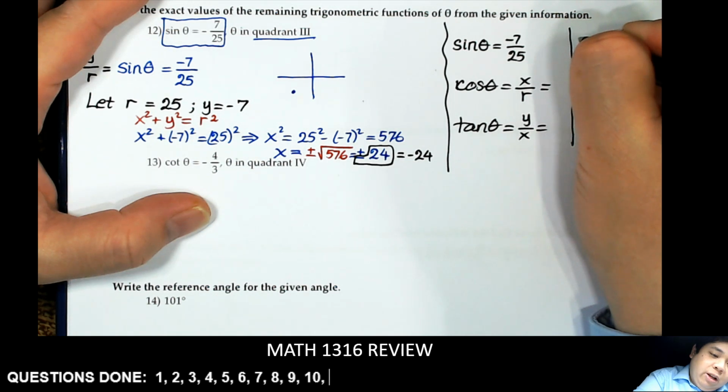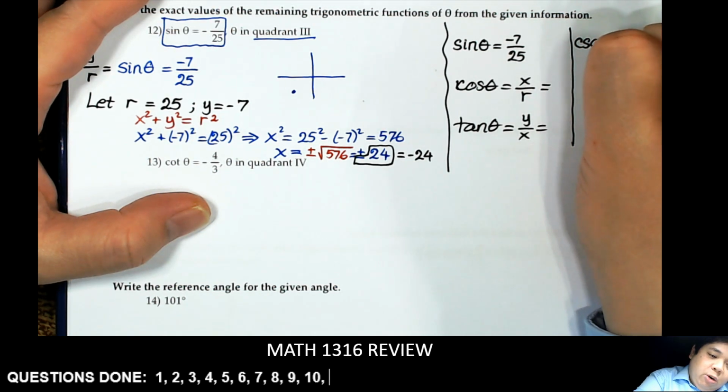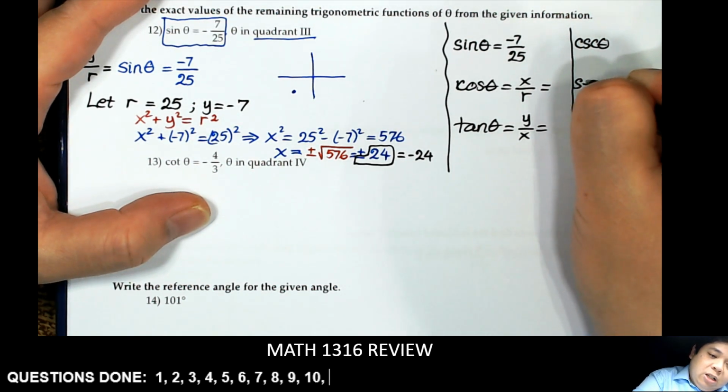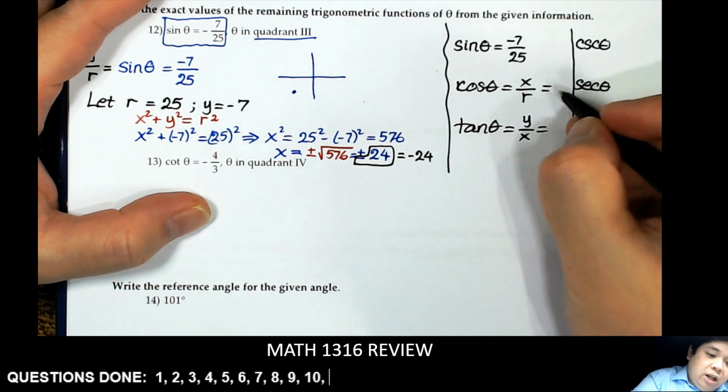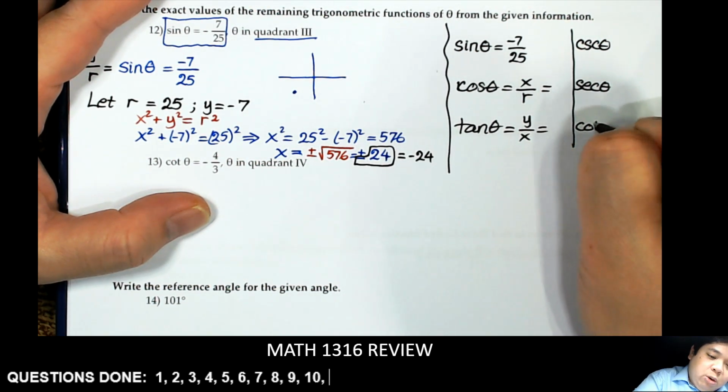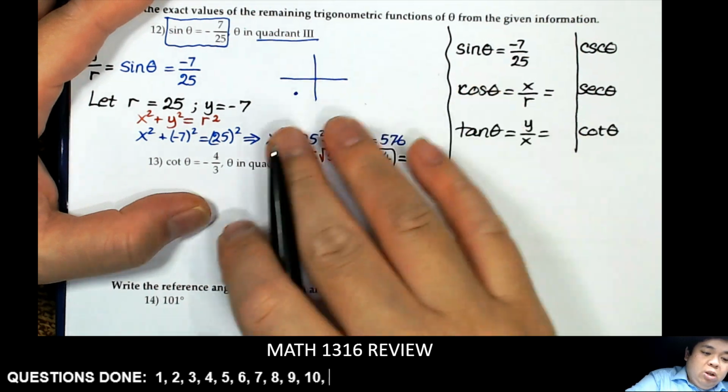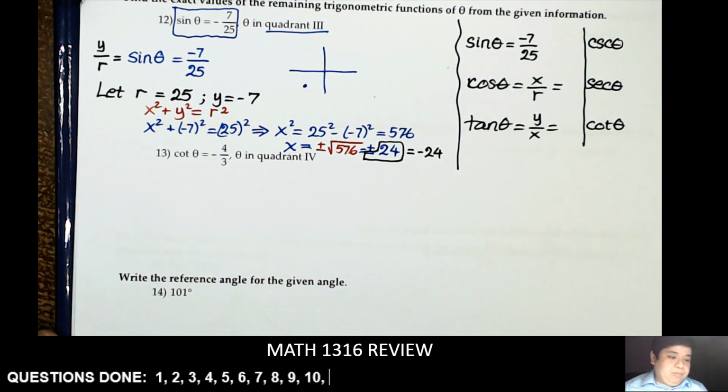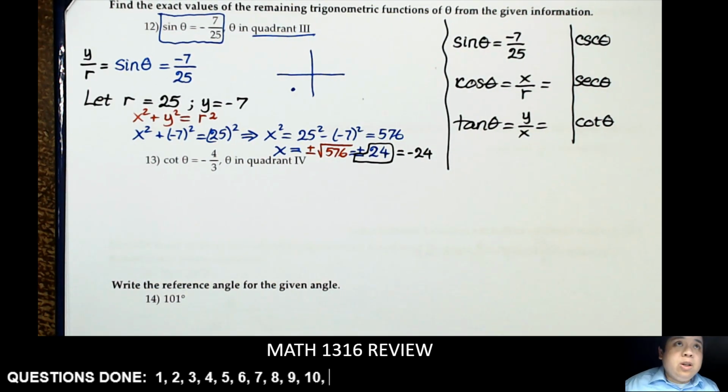Then we have cosecant is the reciprocal of sine, secant is the reciprocal of cosine, and then cotangent is the reciprocal of tangent. So just do that. That should be easy. Right, so that is 12.